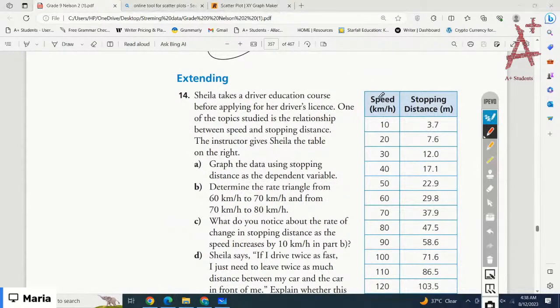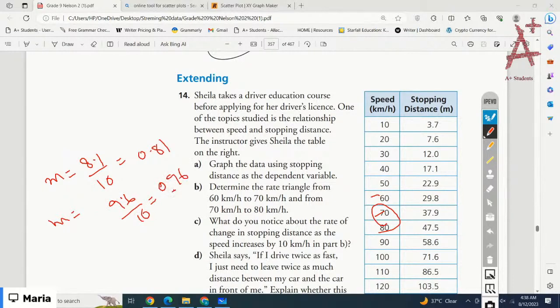Just use these two lines of data and calculate the slope. That would be 37.9 minus 29.8, that is 8.1, divided by 10, that means it is 0.81. Same thing you have to do for 70 to 80, right? Now use these two lines, and then 47.5 minus 37.9 is 9.6, divided by 10, that equals 0.96, right?